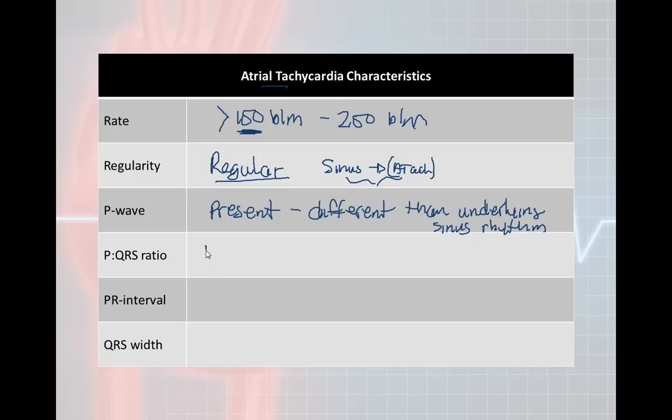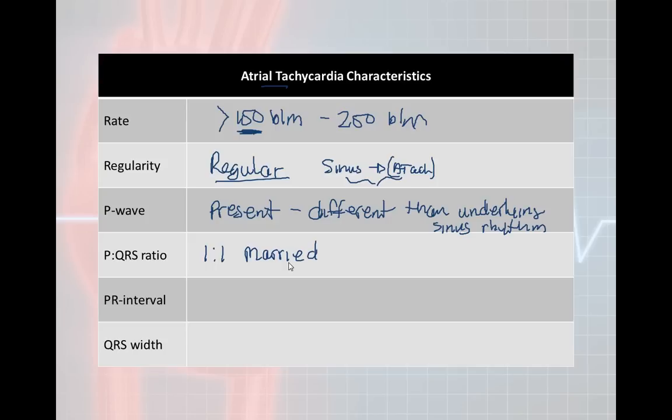The P to QRS ratio, you're still going to have one P wave for every QRS, and they are going to be married. Which means, even though these P waves are clipping along above 150, they are present, and even though they are a different morphology than the sinus rhythm P waves, they're still causing the QRS complex.